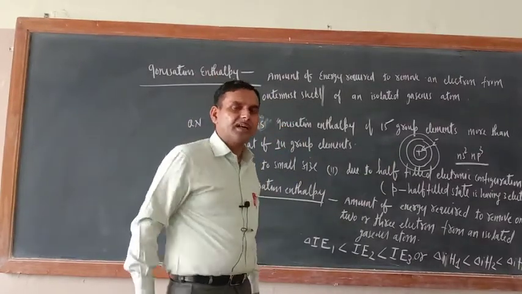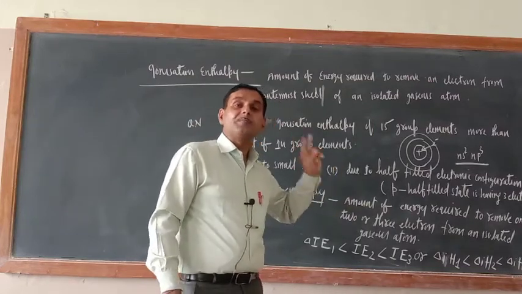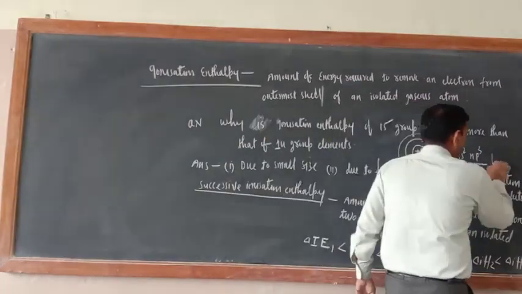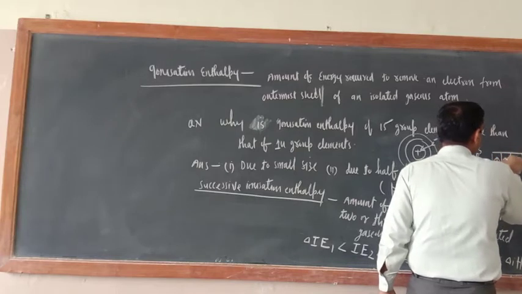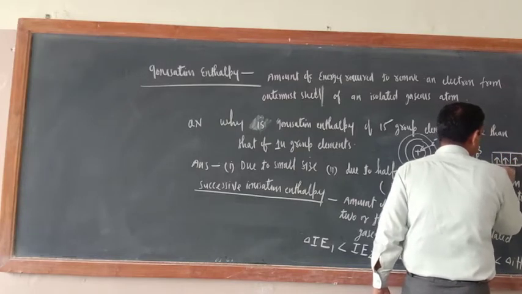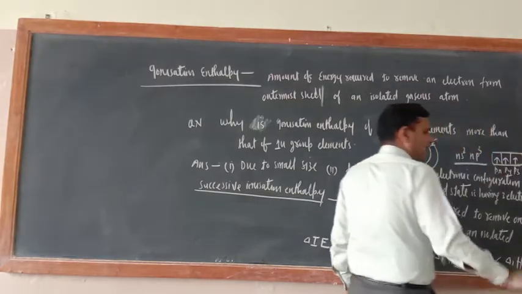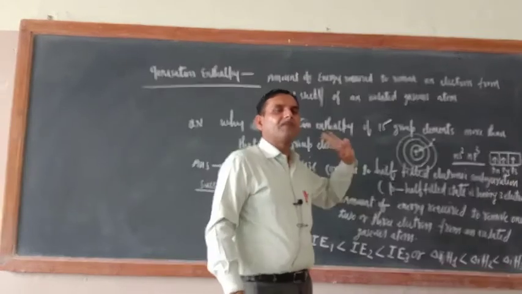To have 6 electrons. Now they have got 3 electrons, means px, py, pz. We can write it this way, this is the p orbital. This is px, this is py, this is pz. All 3 will have 1 electron each.